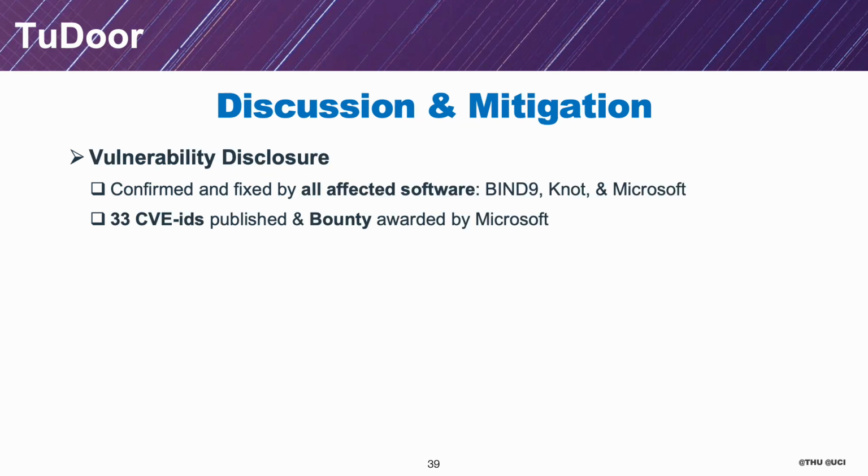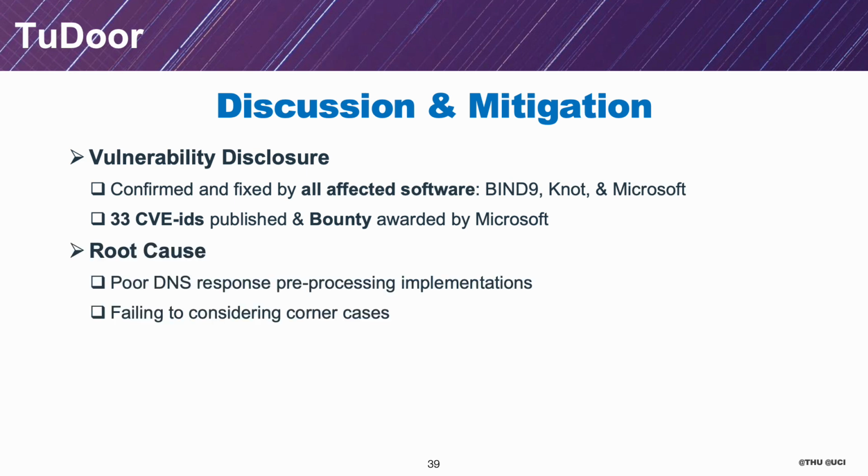As for vulnerability disclosure, we reported to all affected vendors, and TuDoor is confirmed by all affected software. In the end, 33 CVE numbers were assigned, and we got a bounty awarded by Microsoft. Then, for the root cause, we found that not all the response pre-processing cases are considered by the software.